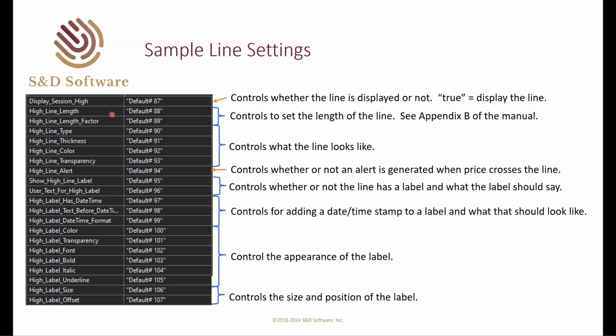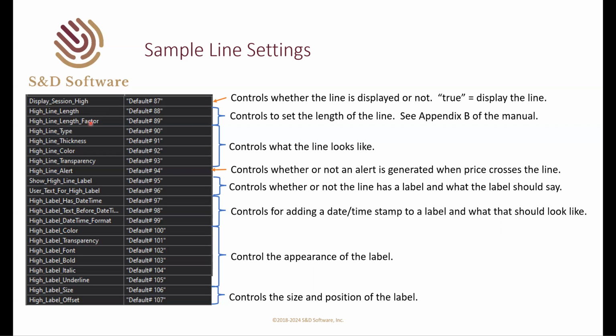And we can break these settings up into some groups here. So we have two settings here which control the length of the high line. And again, Appendix B of the manual has all of those. We'll go look at the different ones there. But essentially, you'll be picking which method you want to end the line. And for some of those methods you have input to control what they're doing.